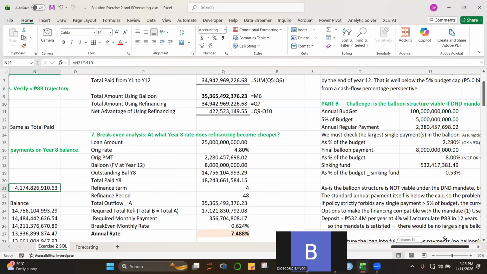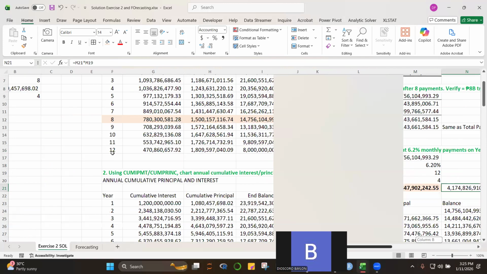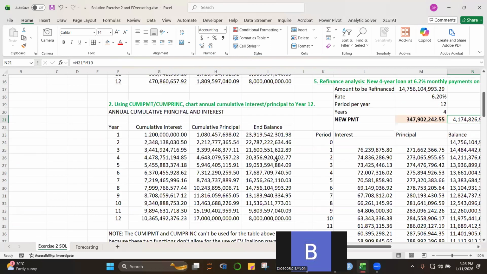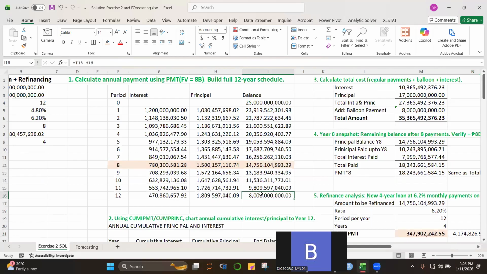Okay? So yun lang yung question dito. It's really asking us paano kung may ganitong policy. So that would mean that baka hindi na pwede itong balloon payment na to. Kasi at the end 8 billion to, and 8 billion is 8% of the total budget.